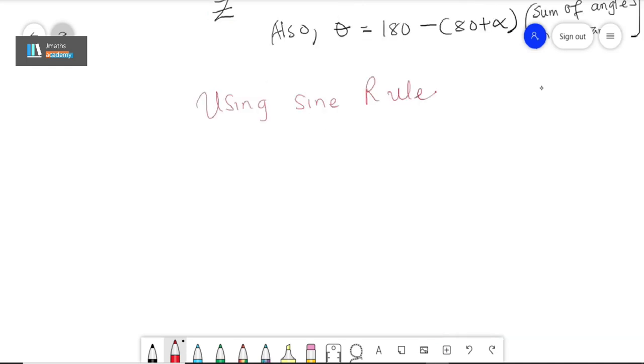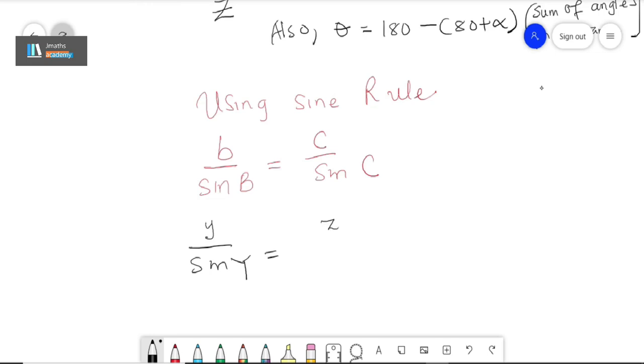We have our sine rule: b over sine b is equal to c over sine c. So in this question, our parameters are quite different. So our y over sine y is equal to small z over sine z.